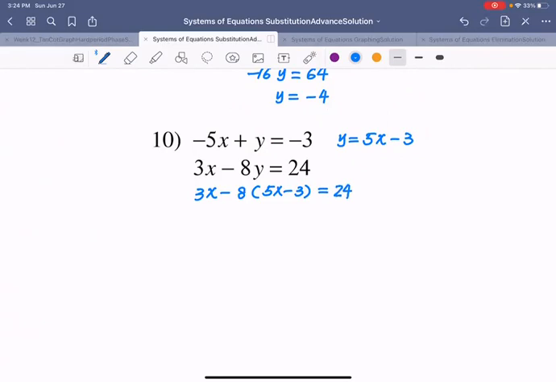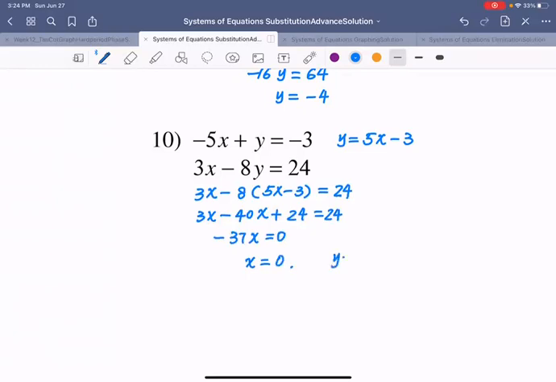Next. 3x minus 40x plus 24 equals 24. Okay. And then negative 37x equals? 0. Good. Next. Equals 0. Very good.